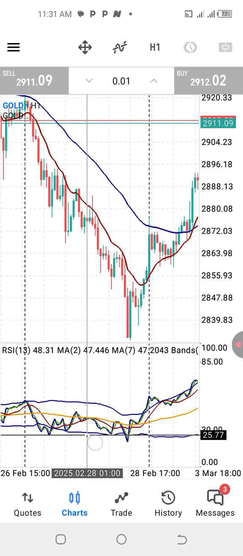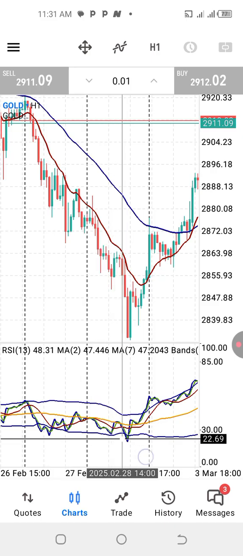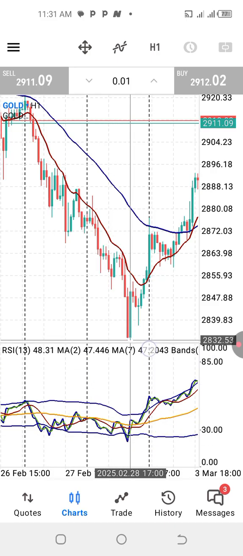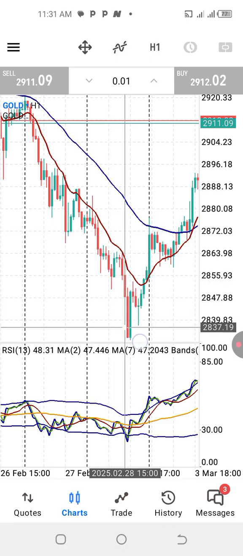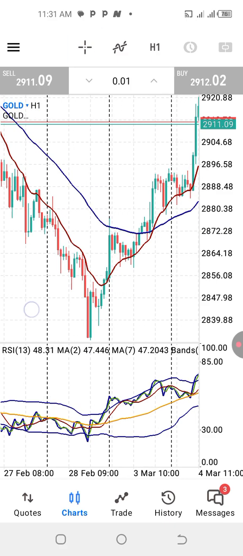So I entered this trade here, and my exit was right here. So all the way from there up to here. Look at this strategy, how effective this strategy is.